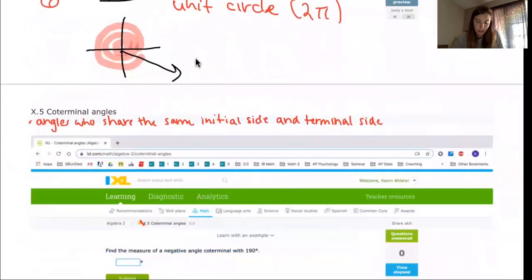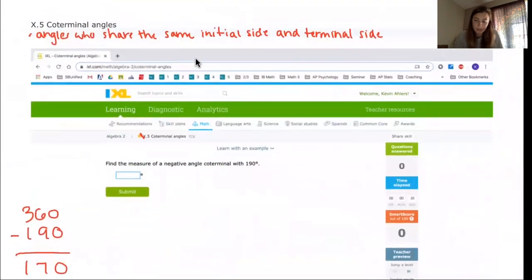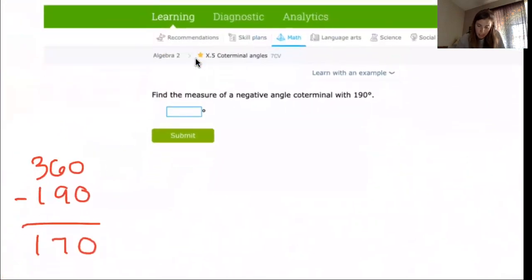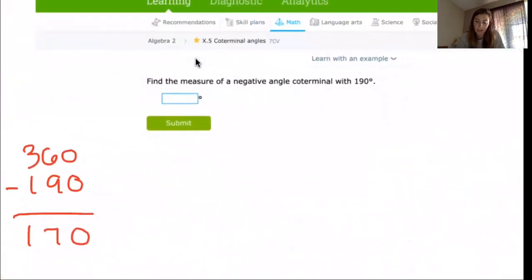Now we're going to move on to X5. Okay, so coterminal angles is a term you guys need to know. It means angles that share the same initial side and terminal side. So find the measure of a negative angle coterminal with 190 degrees.